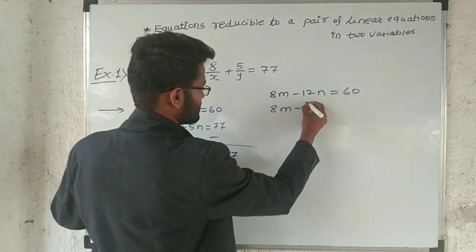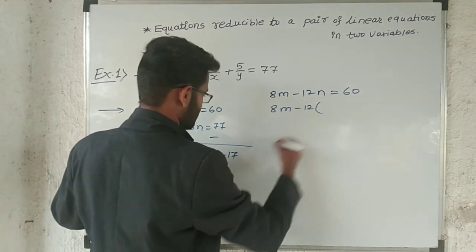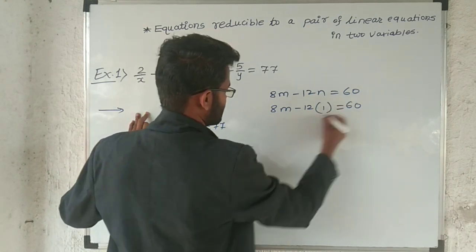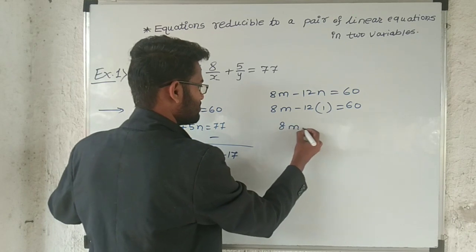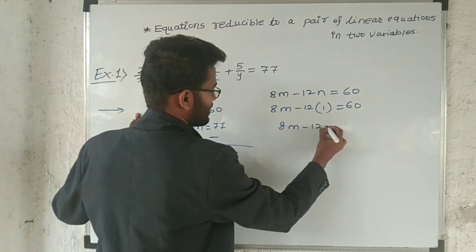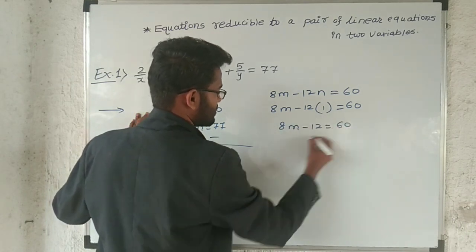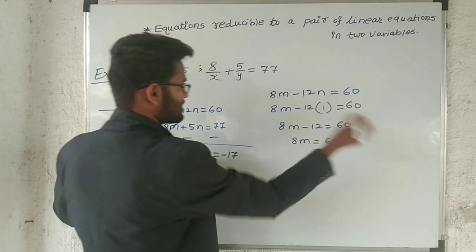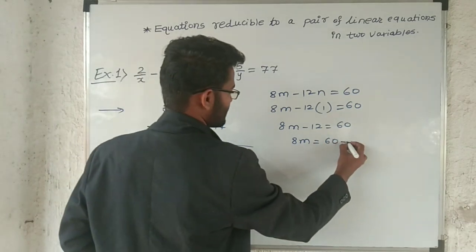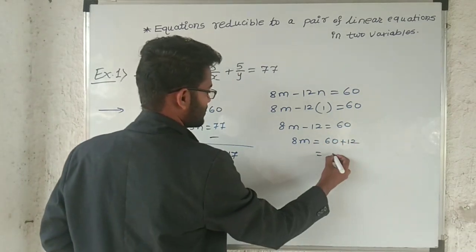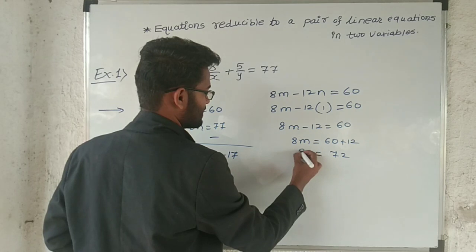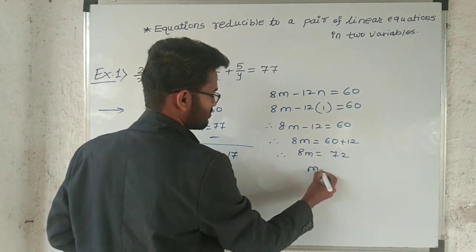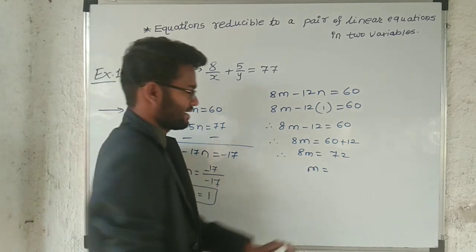Put the value n is equals to 1, so 8m minus 12 is equals to 60. Transfer this 12 to the right hand side, we get 72. Then 8m is equals to 72, transfer this 8 to the right hand side.